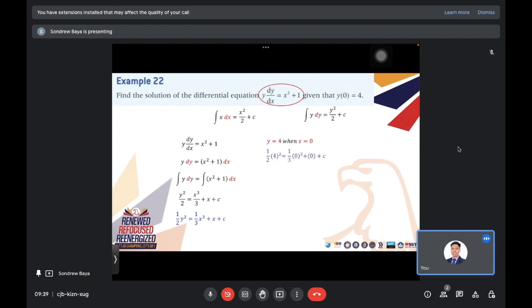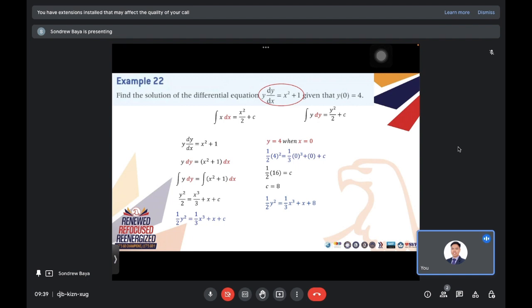And if you simplify it, c is just equal to 8. Therefore, our solution to this differential equation will just be half of y squared equal to 1/3 x cubed plus x plus 8. And this is how to find solutions to your differential equation. Pause this video, understand, study, and take down notes.